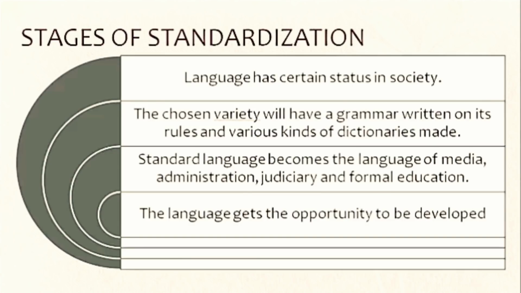Then this standard language also becomes the language of media, administration, judiciary, and formal education. You might have seen when we talk about media specifically, Bollywood plays such a huge role. Film industry, when we talk about in India, we are not talking about other regional forms.